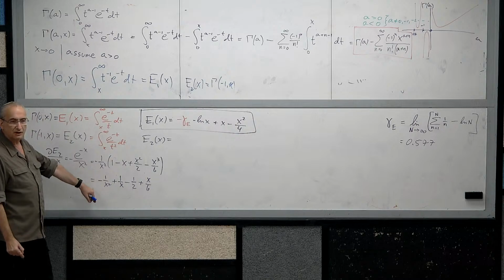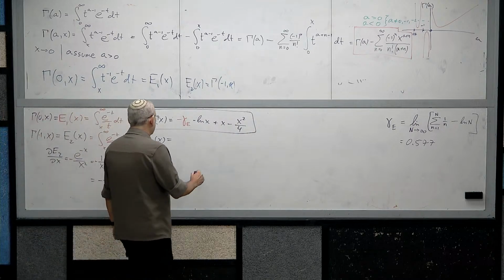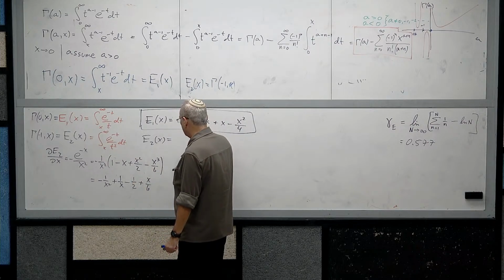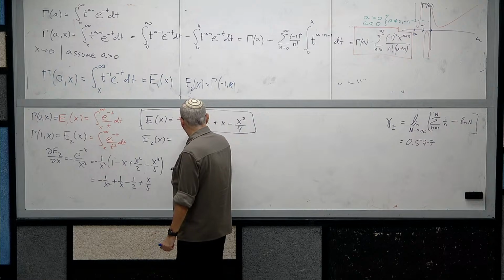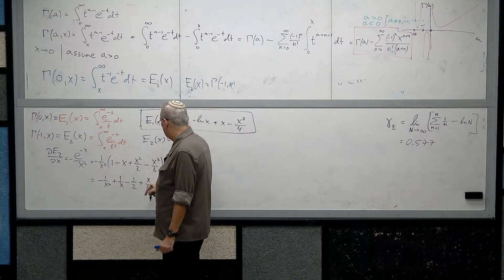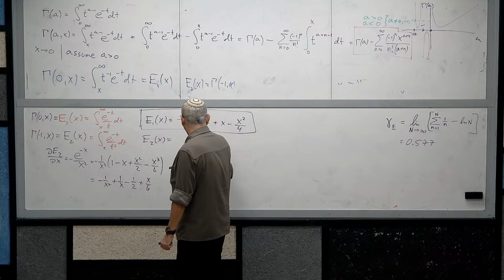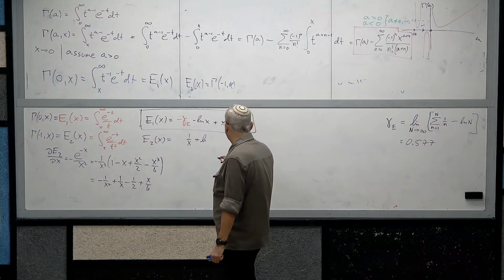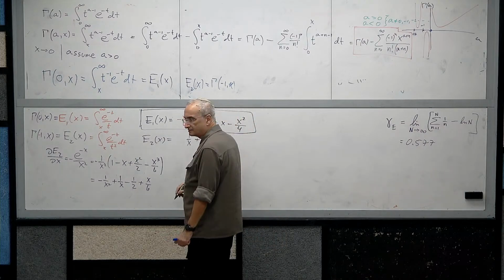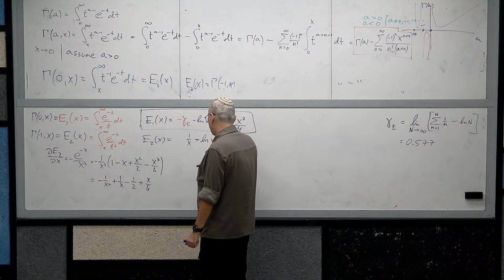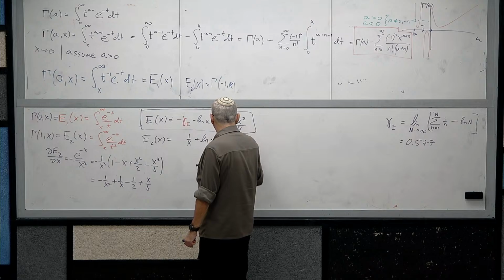Integrating this one by one, I will get 1 over x with a plus sign. Plus ln x. Minus x over 2 plus x squared over 12.